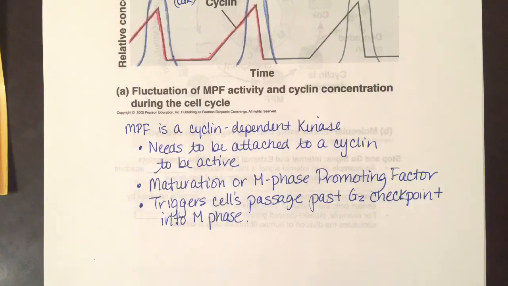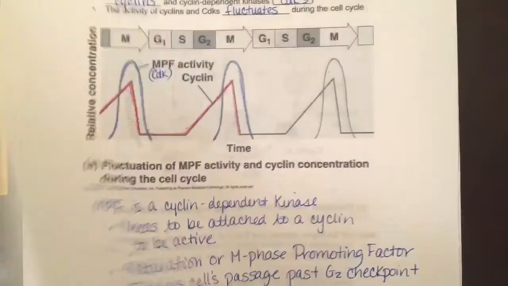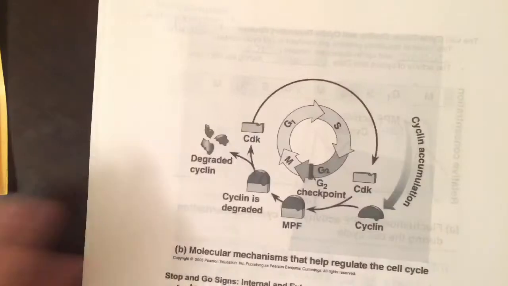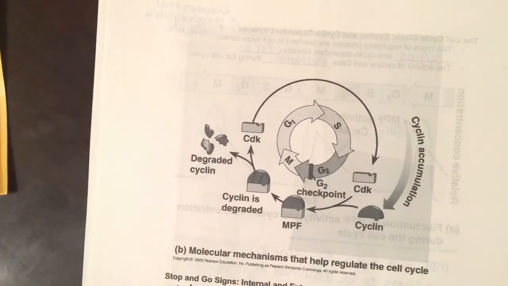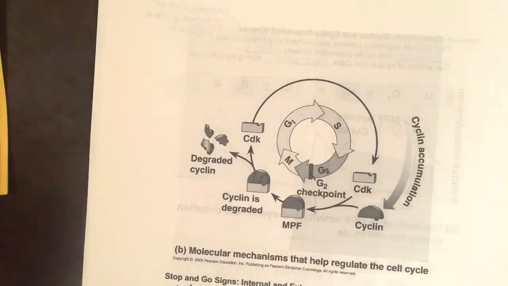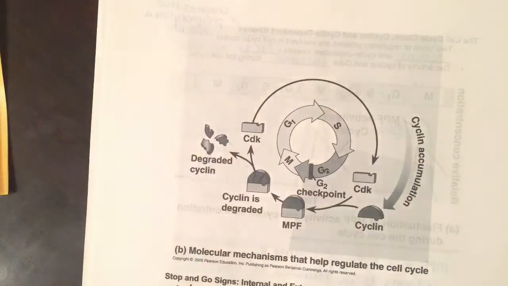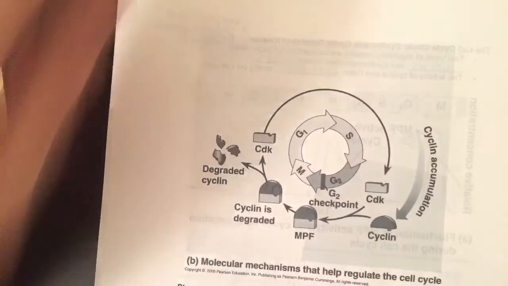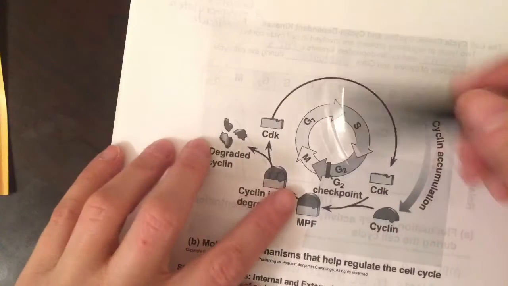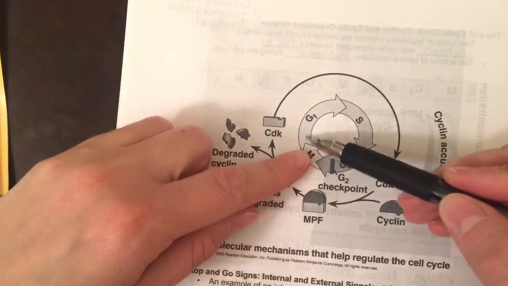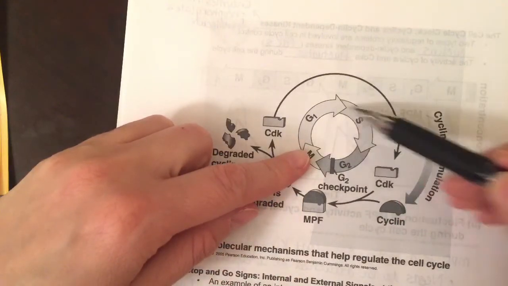So let's look at this in a different way on the back. If you look here on the next page, this cycle here, let's look at the beginning of the cell cycle, G1 and the S and the G2.